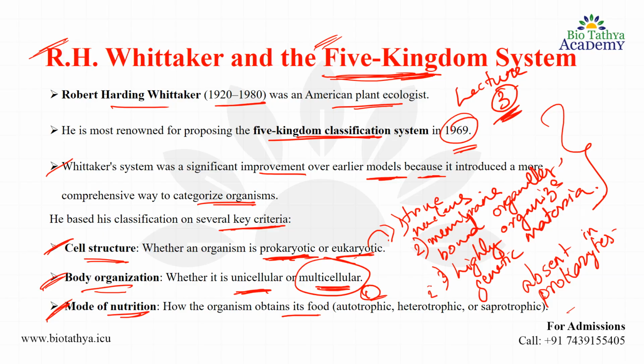Then it can be heterotrophic, so they can eat other organisms. It can also be saprotrophic. Saprotrophic is like they can depend on other organisms, like saprophytes, or parasites we can say. They can either harm the host and take the nutrition, or they can stay in a mutual relationship with the host and take the nutrition. So based on that also he divided the organisms.